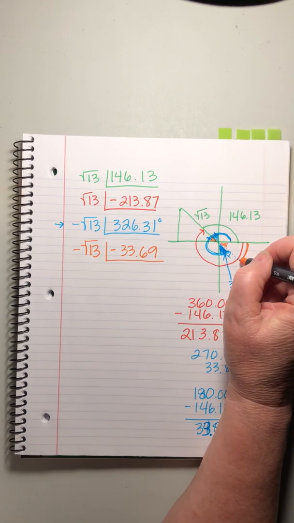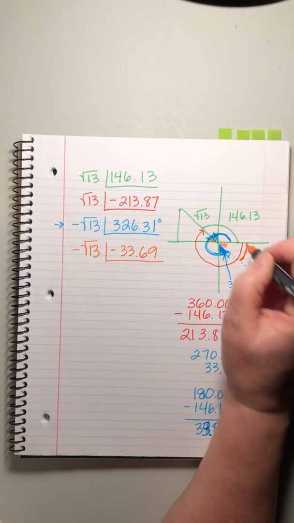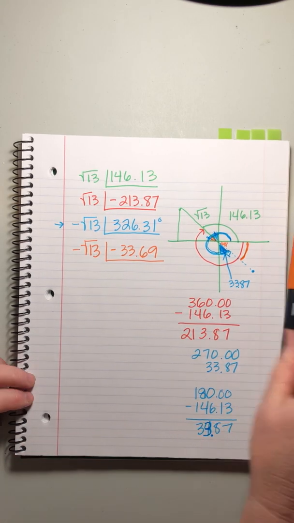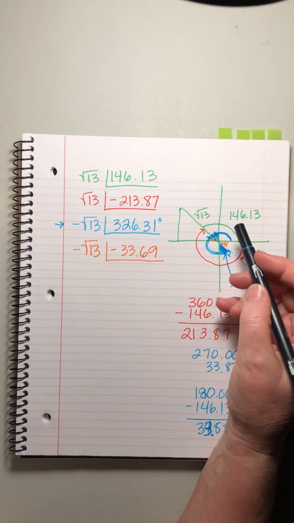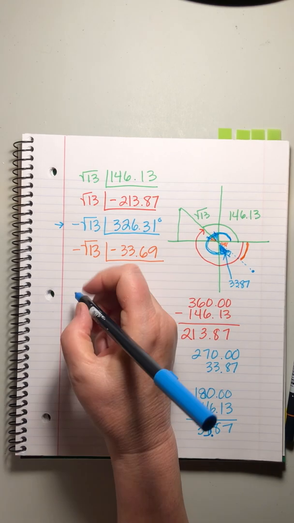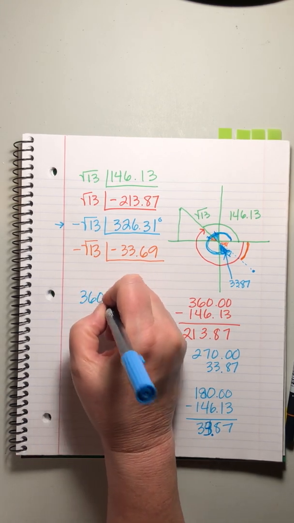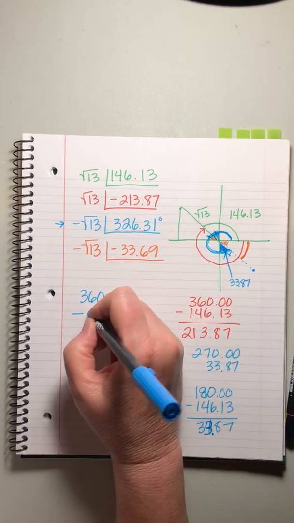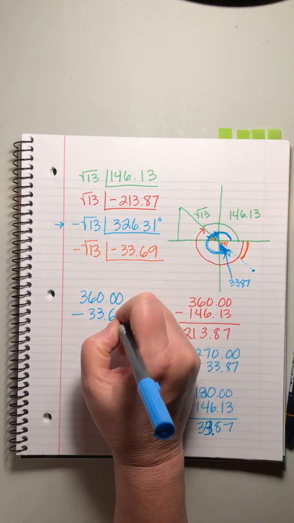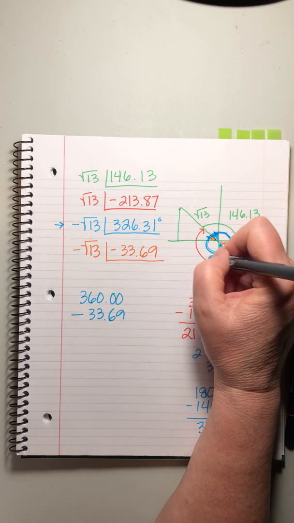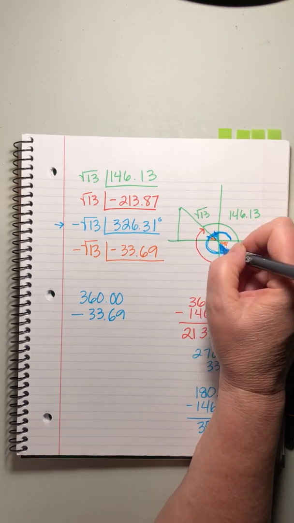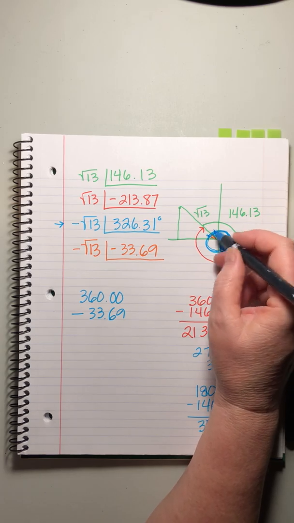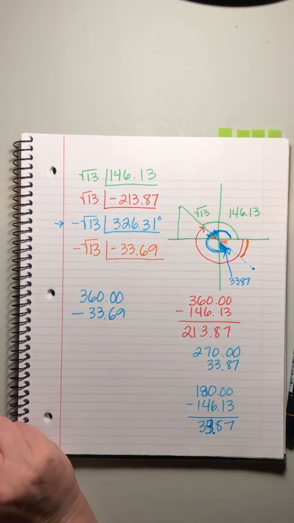Now, another way that we can find this blue number is to say the whole circle, 360, minus this little orange bit, which is 33.69. That should equal the blue part, right? Because the blue and the orange should make a full 360.